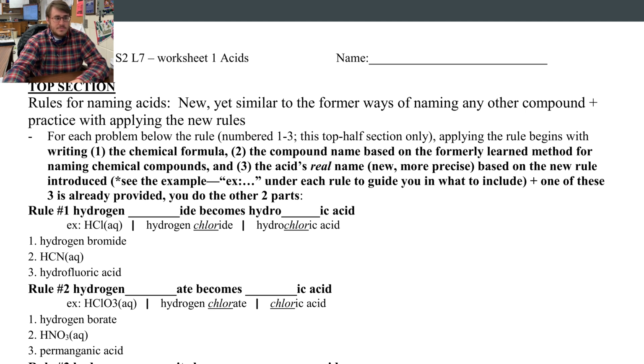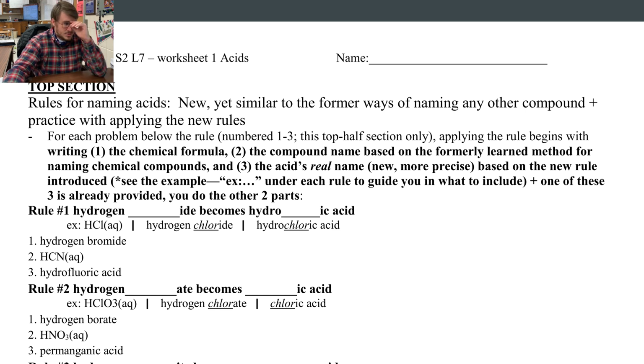Seeing the example is probably the best thing to look at first, where it says EX, colon, and then whatever follows, under each rule to guide you in what to include. Plus, one of these 3 is already provided, so you just need to do the other 2 parts. You'll see in the example what I'm talking about.